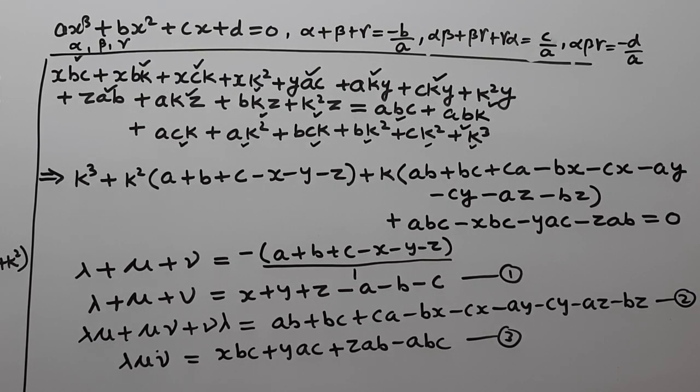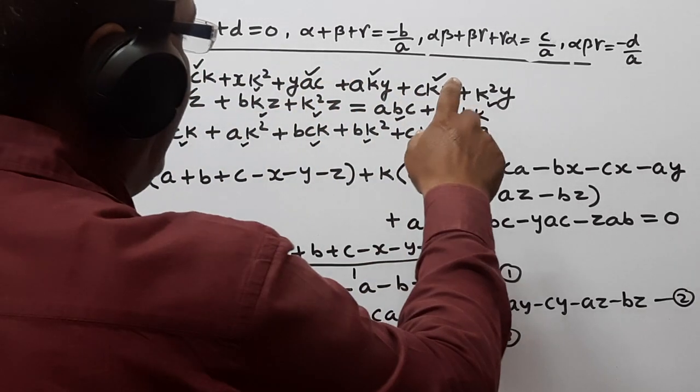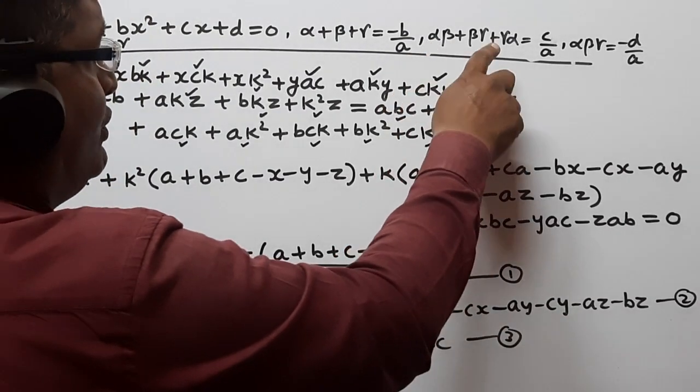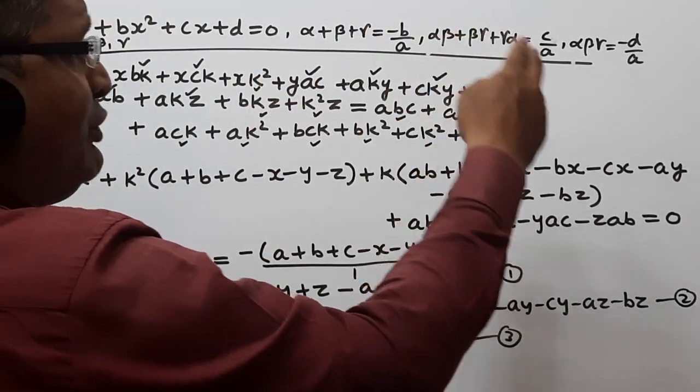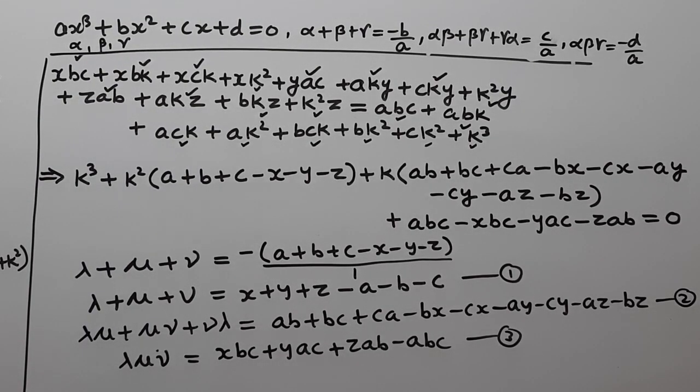You can write here the formulas for finding the sum of the roots, the sum of the products of two roots, and the product of the three roots in a cubic equation.